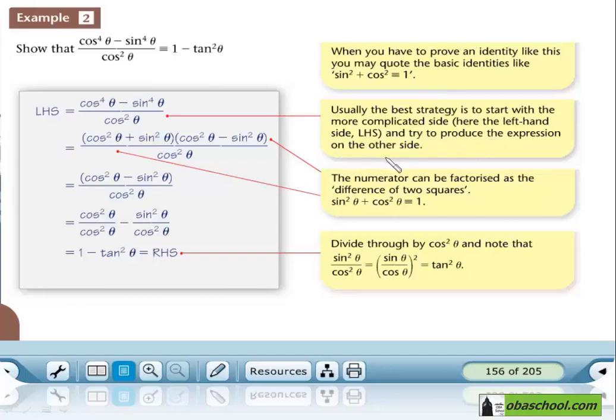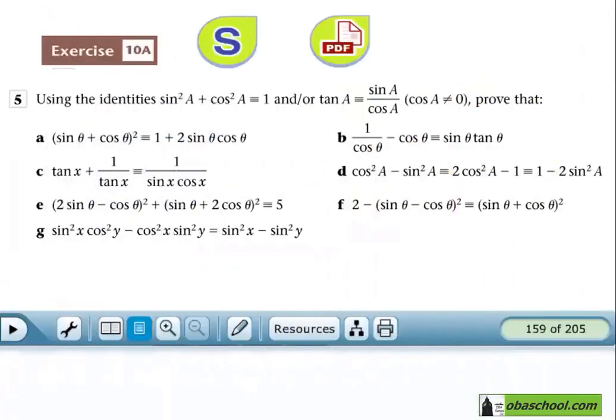The numerator can be factorized as the difference of two squares, which is sine squared theta plus cosine squared theta equals 1. Finally, we use the concept that sine over cosine is equal to tan. In the same way, you can solve these exercises on your own. Sometimes you may need to expand or factorize in order to solve.